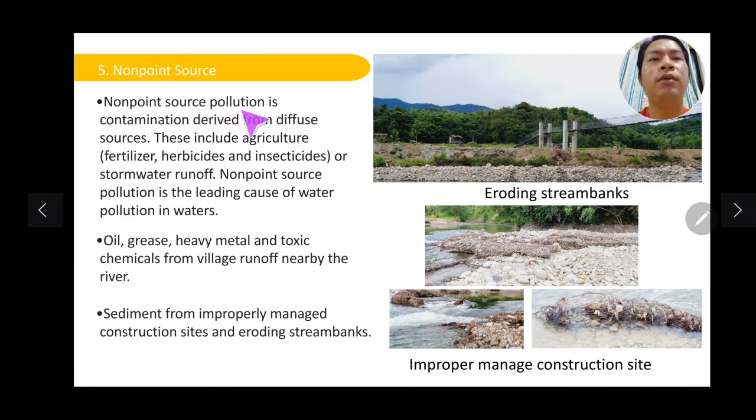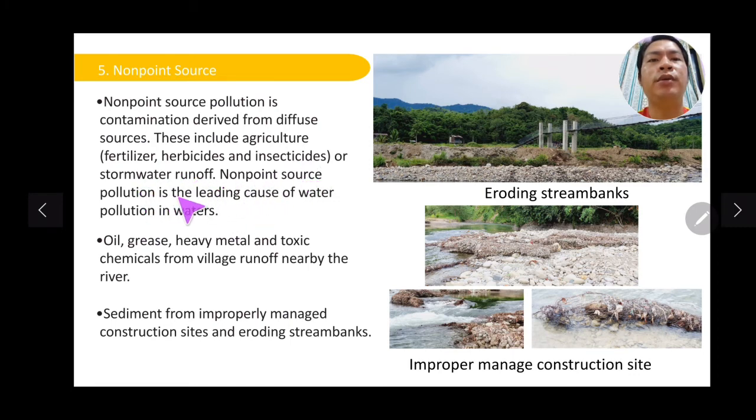Number 5, non-point source. Non-point source pollution is contamination derived from diffuse sources. This includes agriculture, fertilizer, herbicides, and insecticide or stormwater runoff.